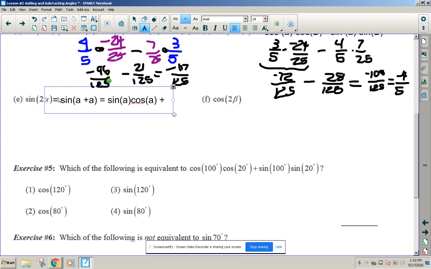I'm sorry, I wrote that a little too fast. Now I am getting tongue-tied. This is now going to be the sine of alpha, cosine of alpha.